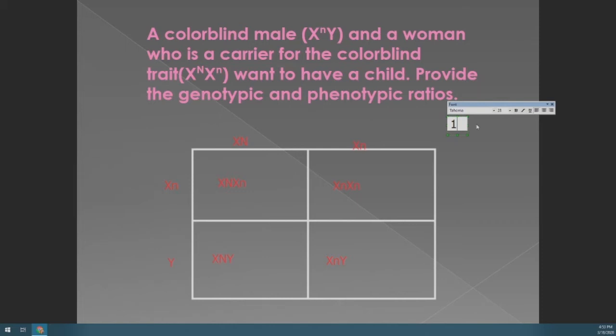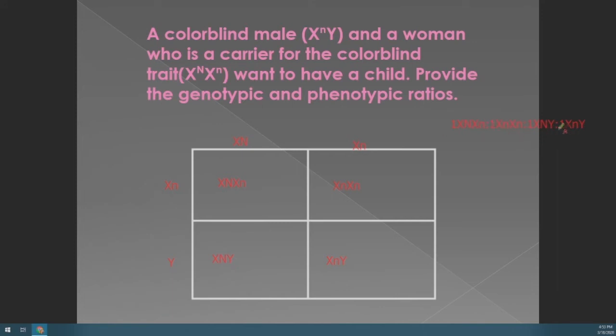So we would have one X big N, X little n, then we're going to do our colon, and then we're going to have one X little n, then a colon, and then we're going to have another one X big N, and then Y. And then finally, our last one is going to be X little n, Y.